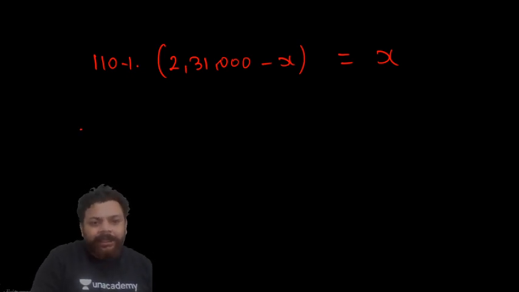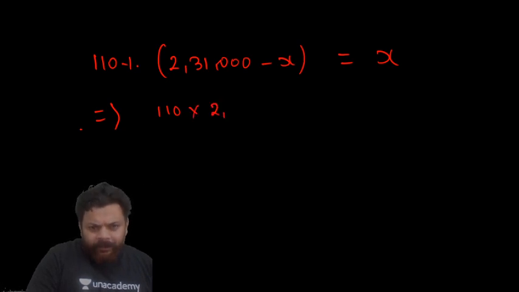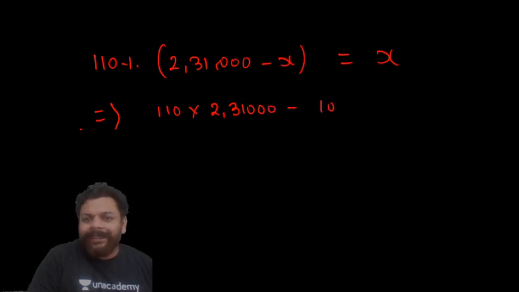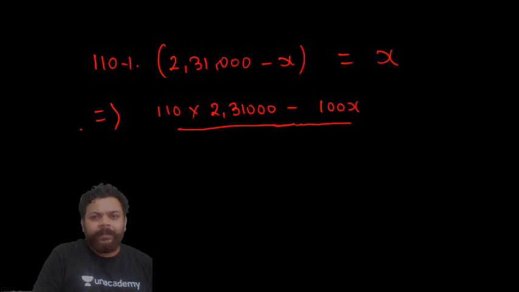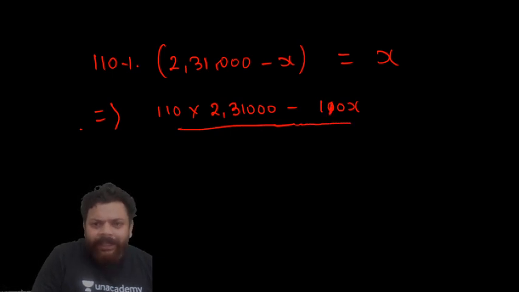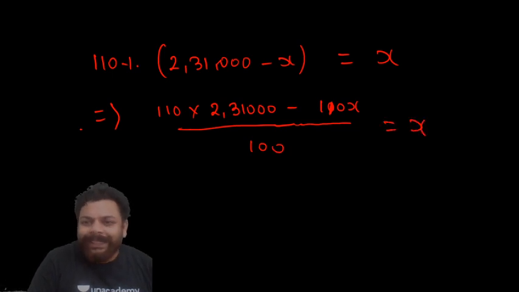I'll also explain a shortcut to solve this question. So I can write this as 110 multiplied with 2,31,000 minus X, divided by 100, and that is going to be X.